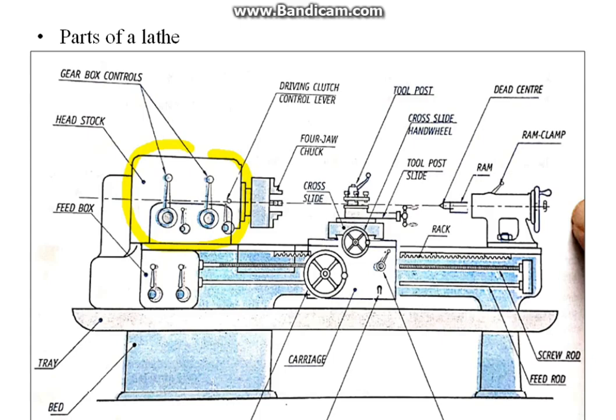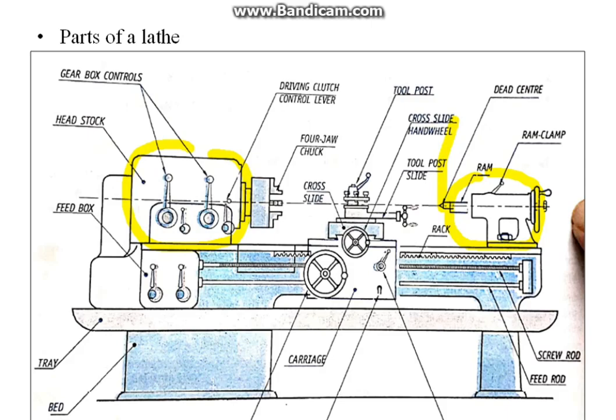Next part is tailstock. It is mounted at the right end of the lathe bed. It is the movable part of the lathe that carries the dead center in it.